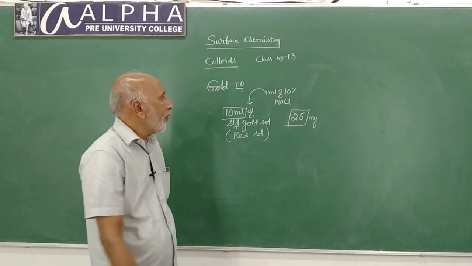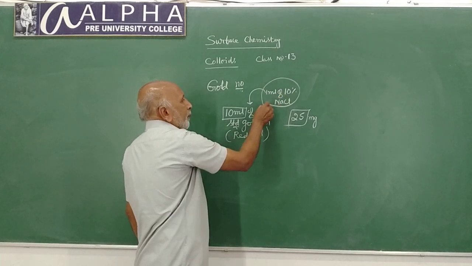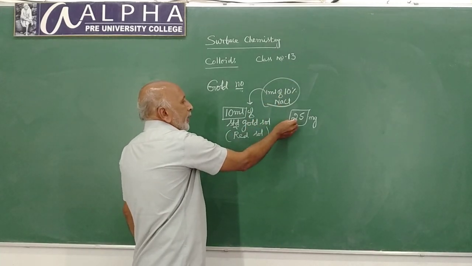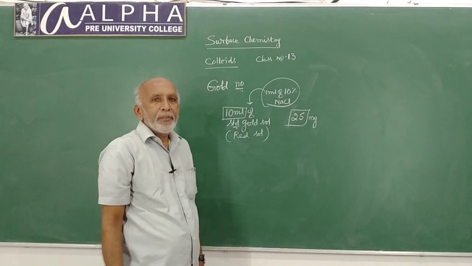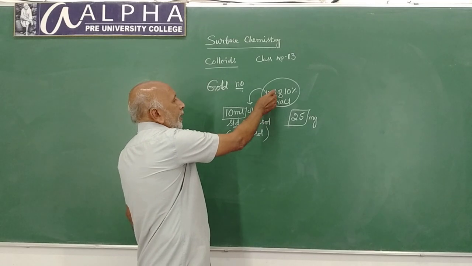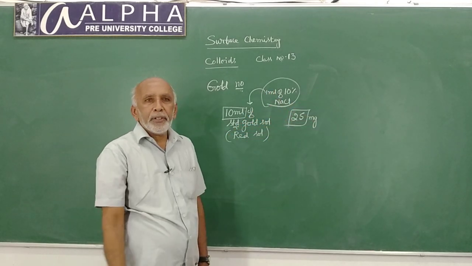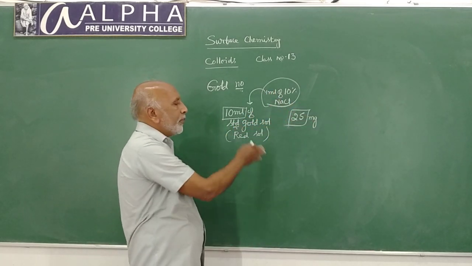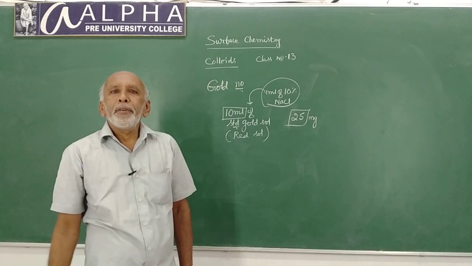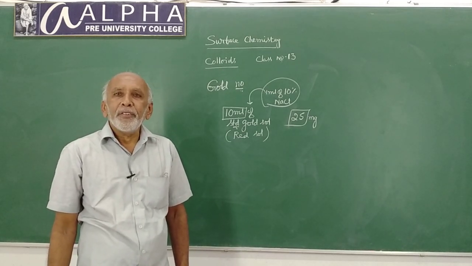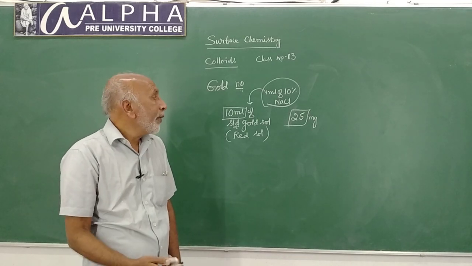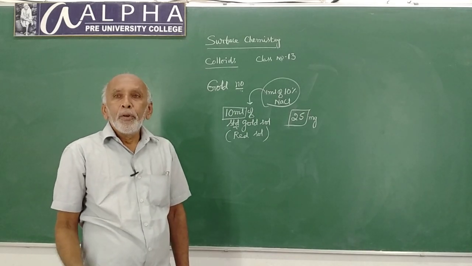That means if you add 25 milligrams of starch to 10 ml of gold salt before adding the sodium chloride solution, then on addition of 1 ml of 10% sodium chloride solution, this gold salt will no longer be precipitated. The gold salt will not be coagulated. This is the meaning of gold number.